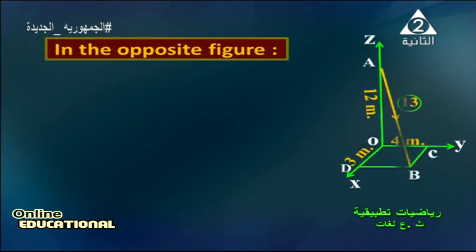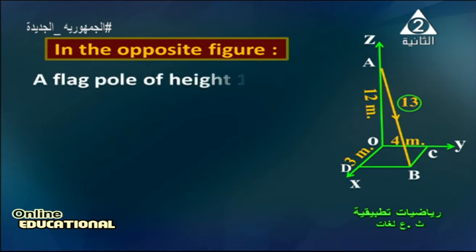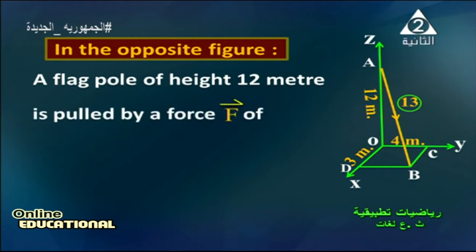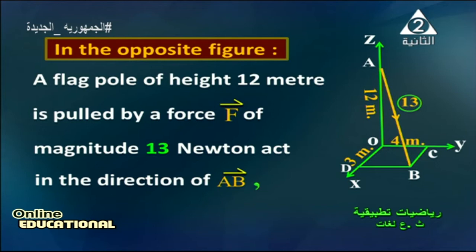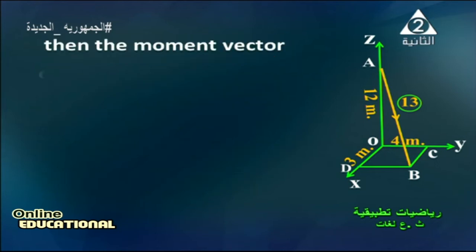Another exercise. In the opposite figure, the flagpole of height 12 meters is pulled by a force F of magnitude 13 newtons, acting in the direction of ray AB, or vector AB.